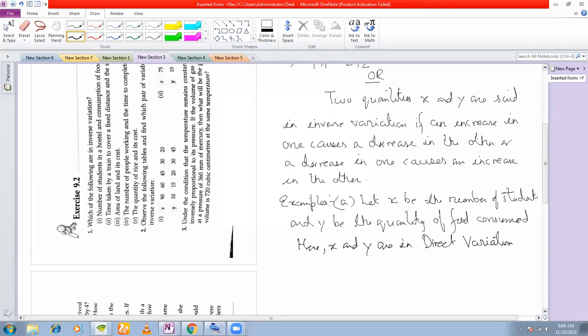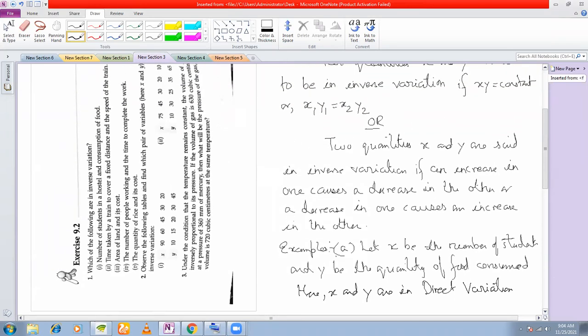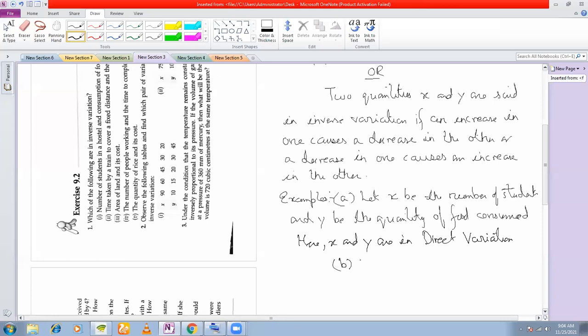Now, another example can be: let x be the time taken to cover a certain distance and y be the speed of a train.